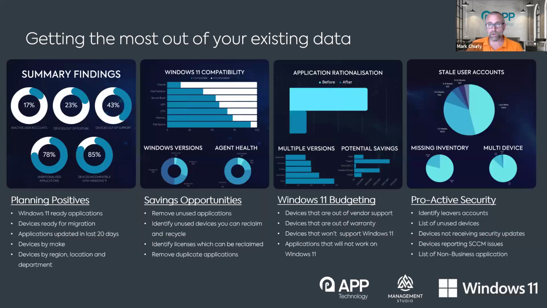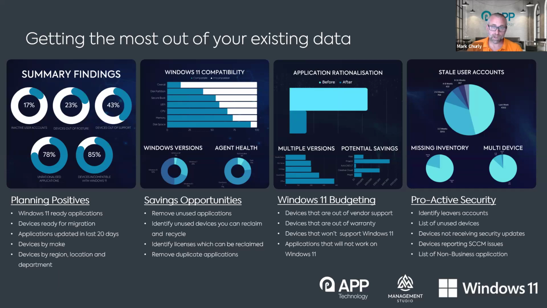What we're going to do is show you how to get the most out of your existing data. So we're expecting that the workshop will either help you confirm current understandings about your estate, to highlight potential roadblocks, challenges, opportunities for upcoming projects like Windows 11. And typically we expect to see and highlight some of the following benefits to you.